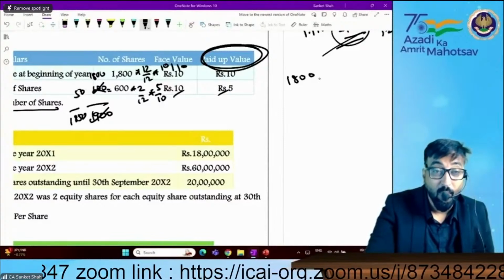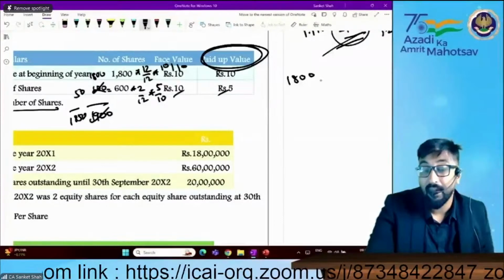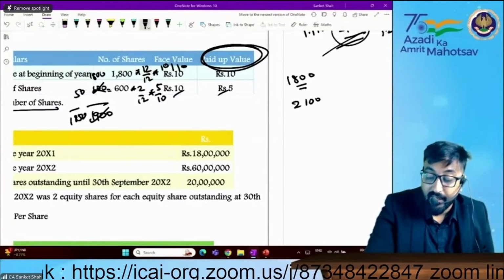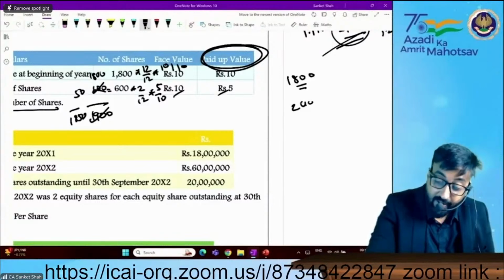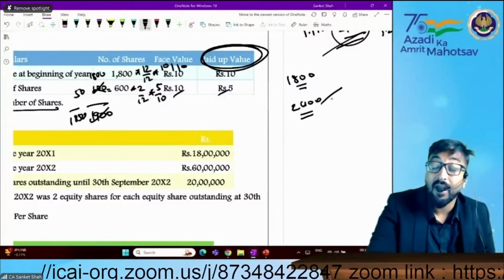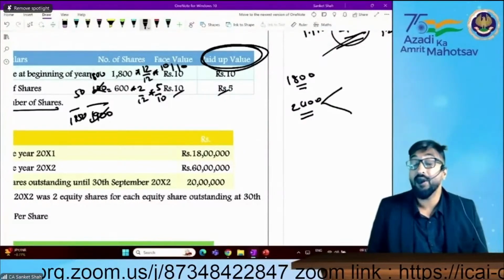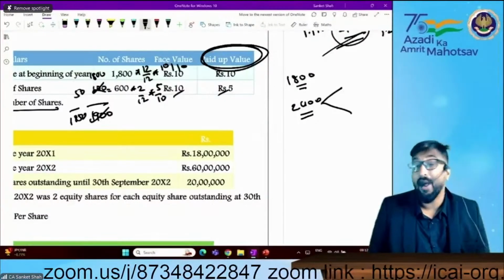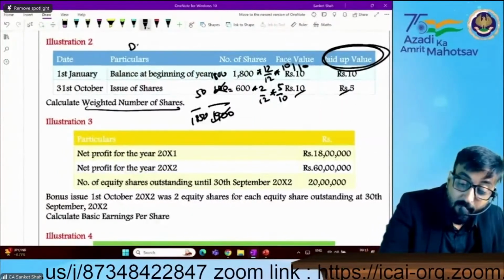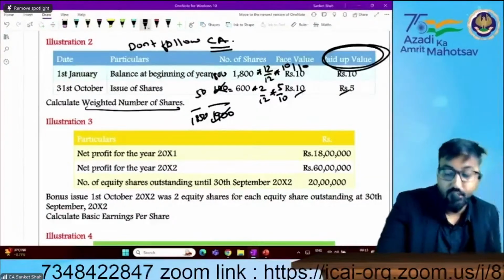You should not follow the cumulative approach here. The logic is very simple: if you combine 1800 plus 2400, this includes some shares that are fully paid and some that are partly paid, so you cannot use the cumulative approach when paid up value is different.